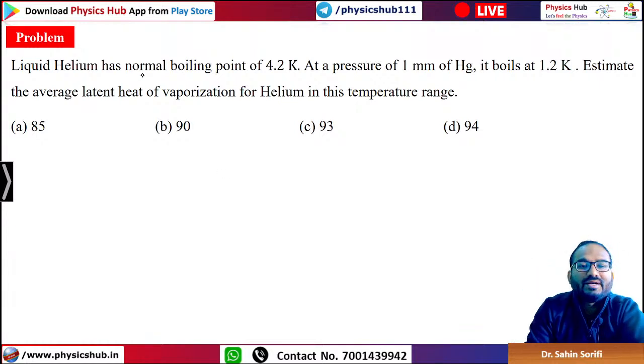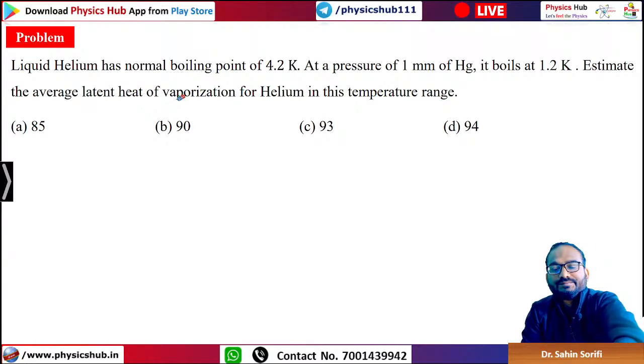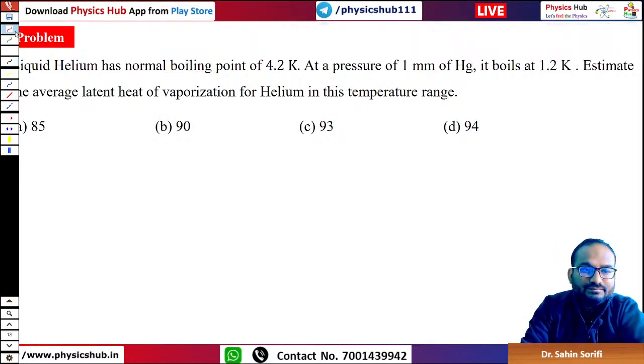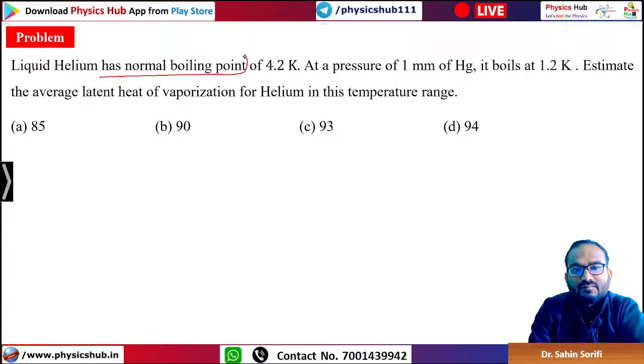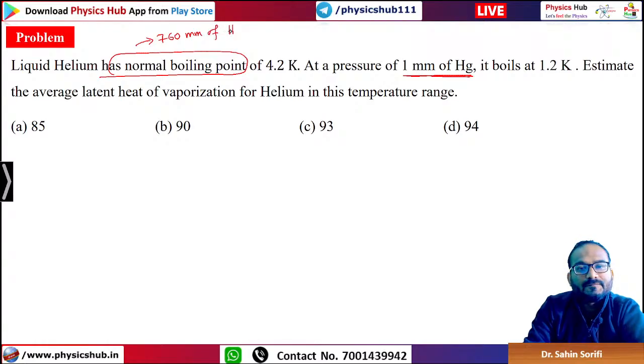Normal boiling point. So what is the normal pressure corresponding to this normal boiling point? In millimeter of Hg, if you consider, the final pressure is given in millimeter of Hg. So this is 760 millimeter of Hg, right?